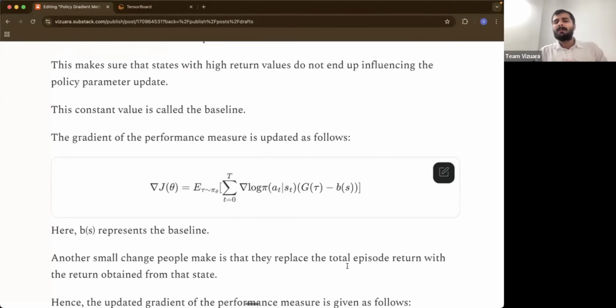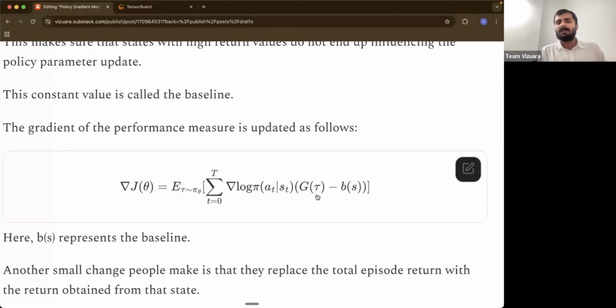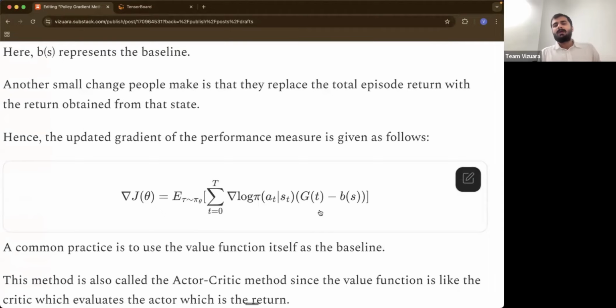Another change which people did to reduce variance is, here you can see I have written g of tau, which means the return which the agent receives at the end of the episode. People replace that by g of t itself, which is the return received from that state till the end of the episode.